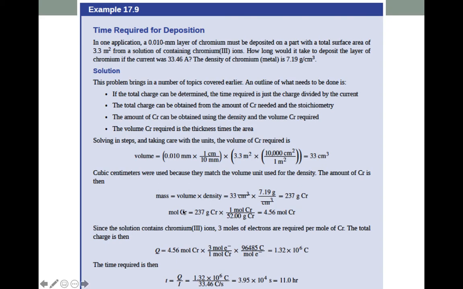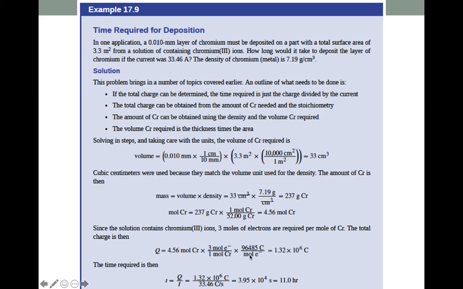So once they get that, they take the grams of chromium divided by the molar mass to get the moles of chromium that will be deposited. Then they take the moles of chromium, and they didn't really write out their equation, but they should have. For every 1 mole of chromium metal, it will require 3 electrons.